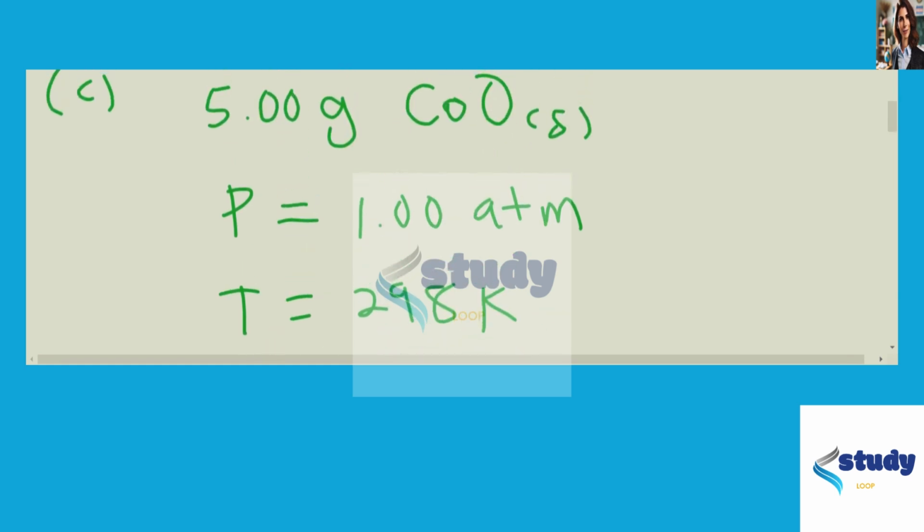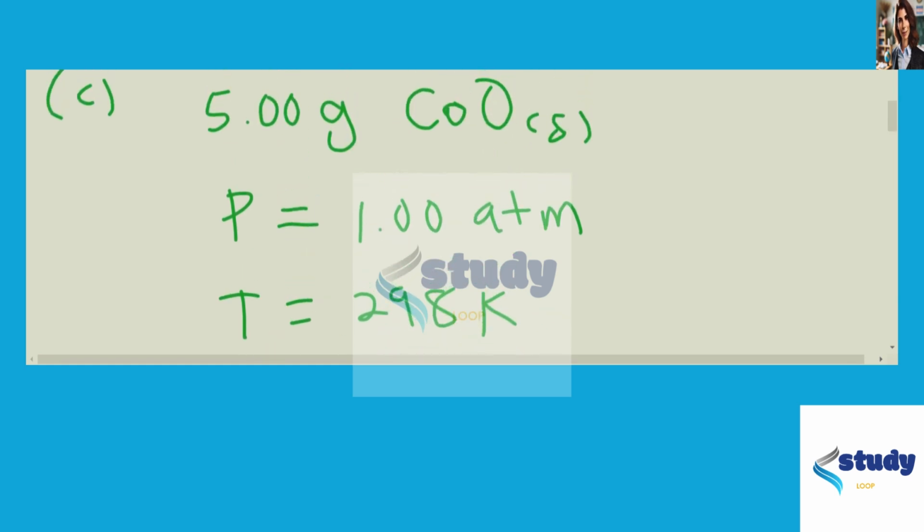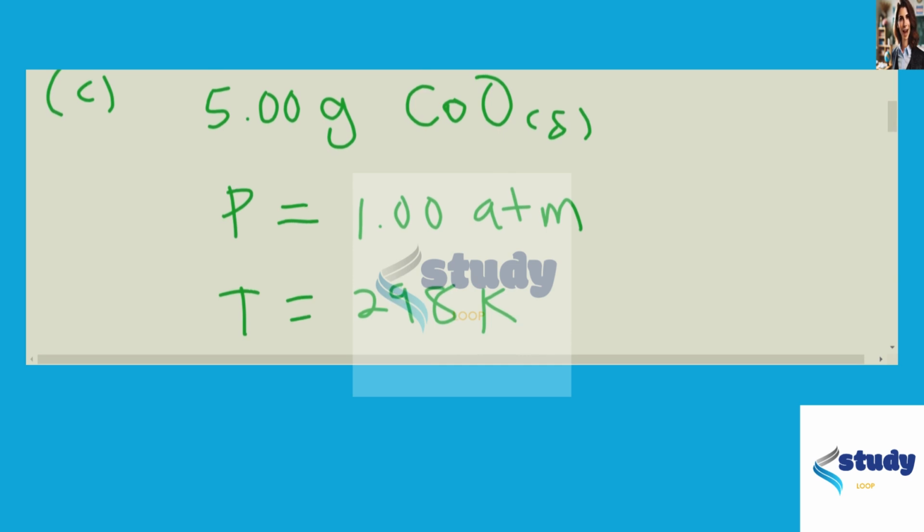And assuming these things, we are asked to calculate the concentration of CO gas in the tube. So the tube has a small amount of cobalt oxide in it, which is 5 grams, and then there's also carbon monoxide in it, and it's sealed, and it has a pressure and a temperature and a volume that's provided.